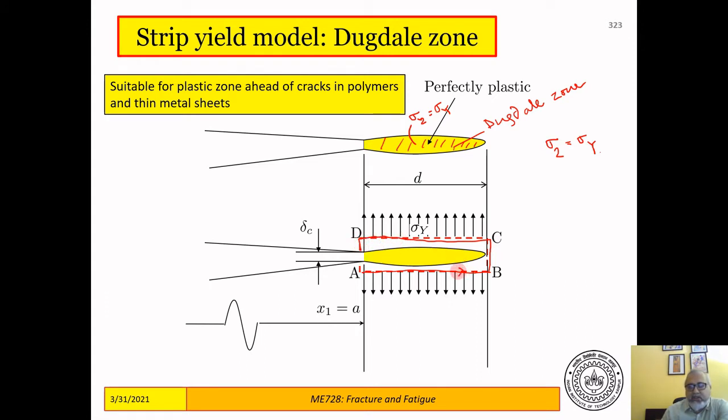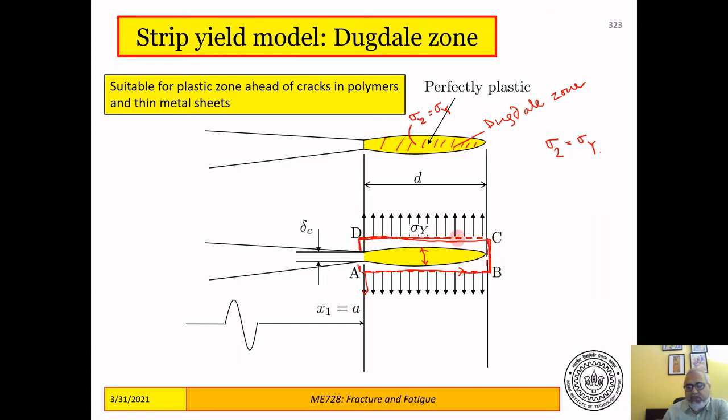So this is a contour, and we will assume that this thickness is extremely small, and all over this region the stress is sigma 2 equal to sigma y, because this is completely plastic, and therefore the stresses on this contour, which almost touches the periphery of the Dugdale zone, is also equal to sigma y everywhere.